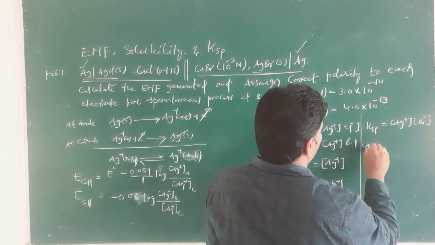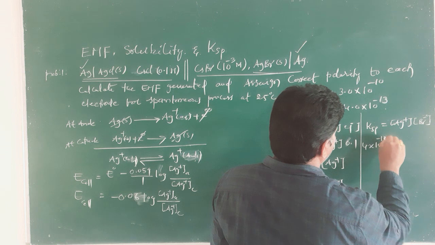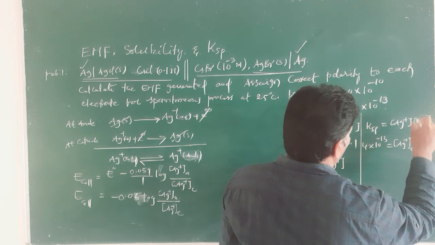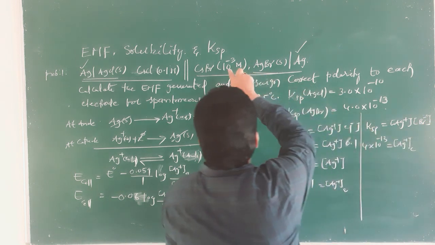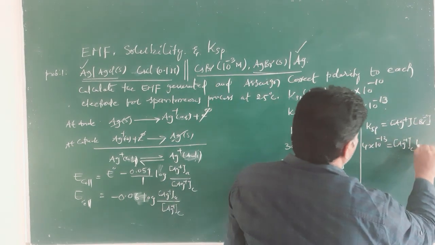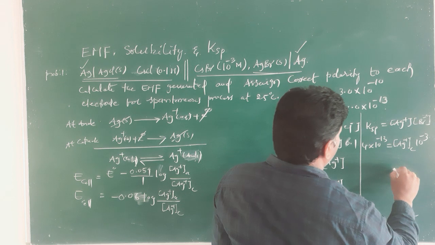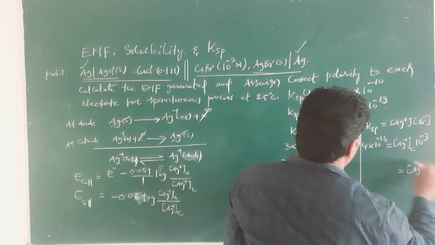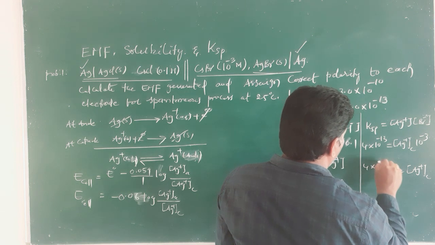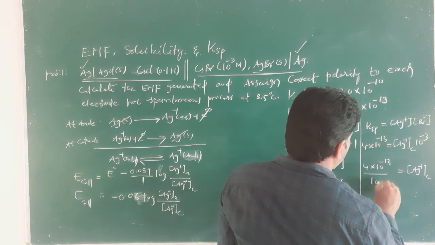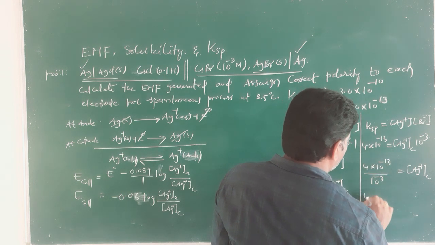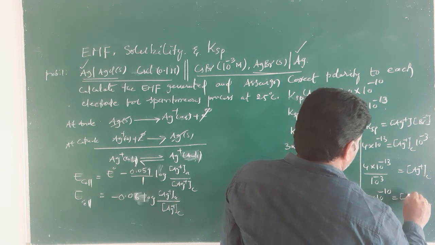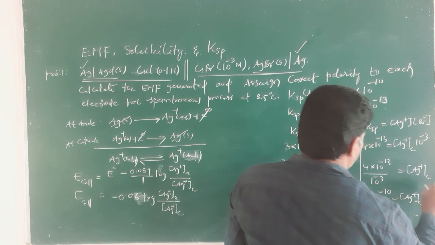This is 4 into 10 power minus 13 into concentration of Ag plus at cathode. Concentration of Br minus is 10 power minus 3. So, concentration of Ag plus at cathode is 4 into 10 power minus 13 by 10 power minus 3, which comes out to be 4 into 10 power minus 10 Ag plus at cathode.